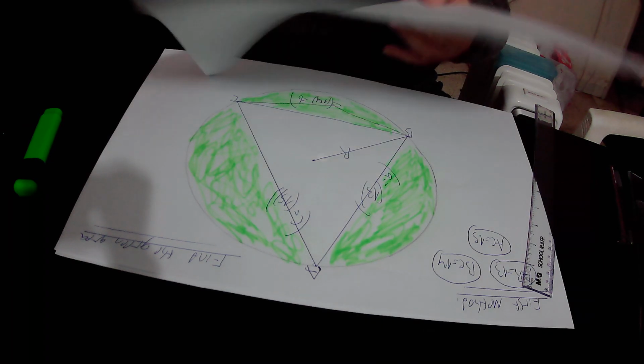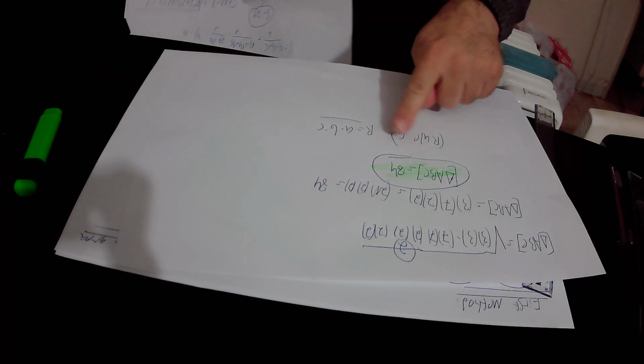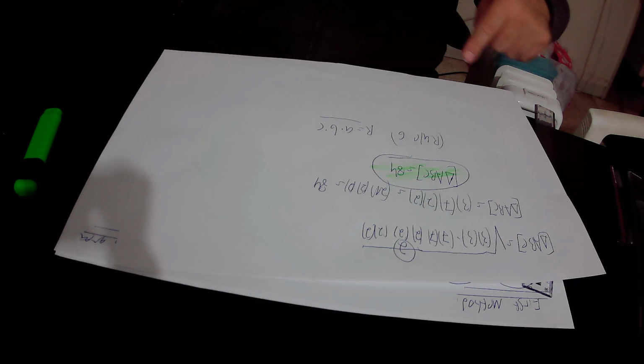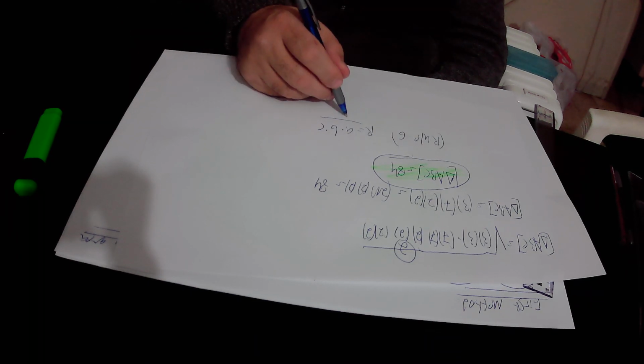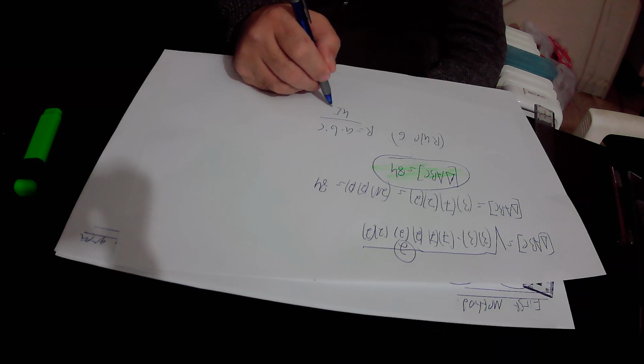And we have already found out that the area of triangle ABC equals 84 square units.